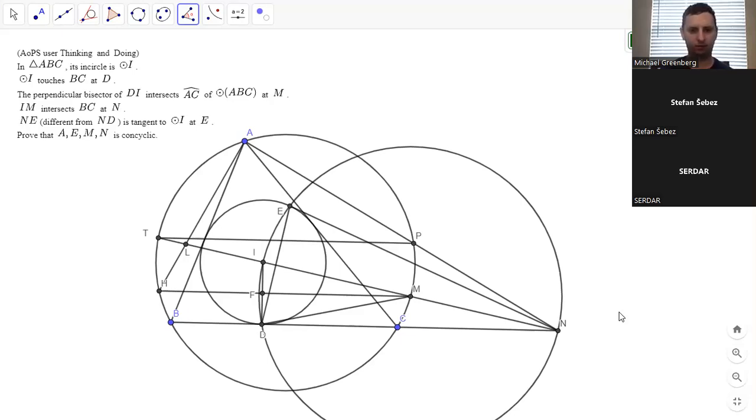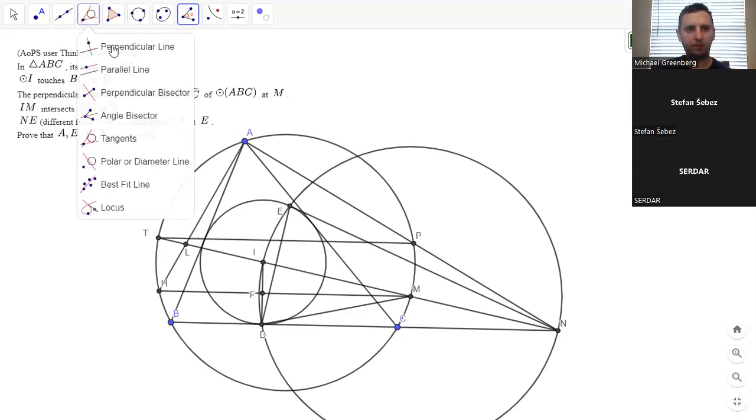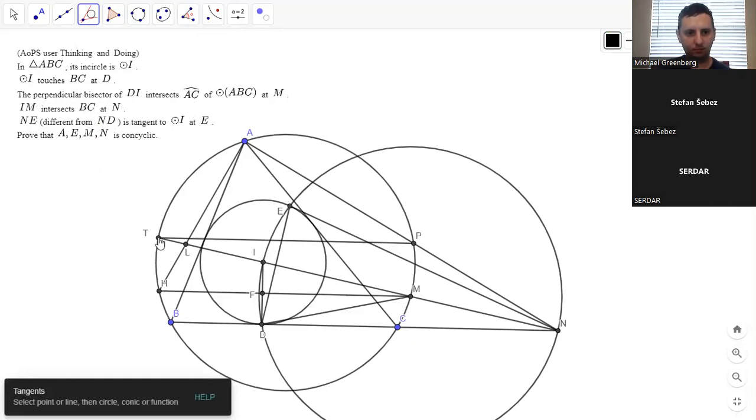Okay. So we can consider the cross ratio BC-TP. And we can project onto BC through T. And we will get a tangent at T to the circle, which intersects BC.